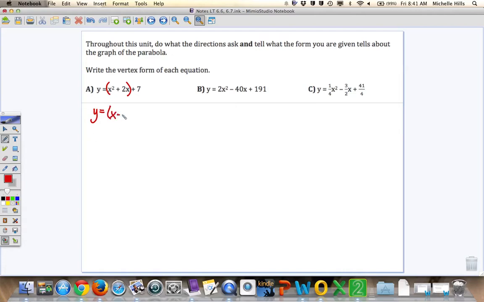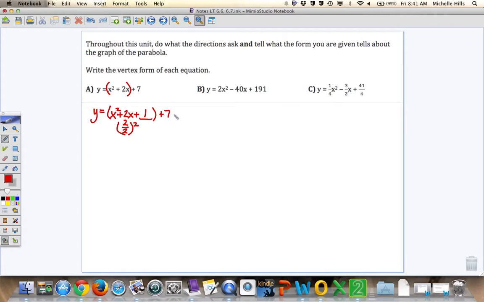So I have x squared plus 2x, and then I need to complete the square. Remember, take the middle term, the coefficient of the x, divide it by 2 and square it. So 2 divided by 2 is 1, squared is 1, and then plus 7. Another thing that's different is I'm not going to add 1 to the 7.